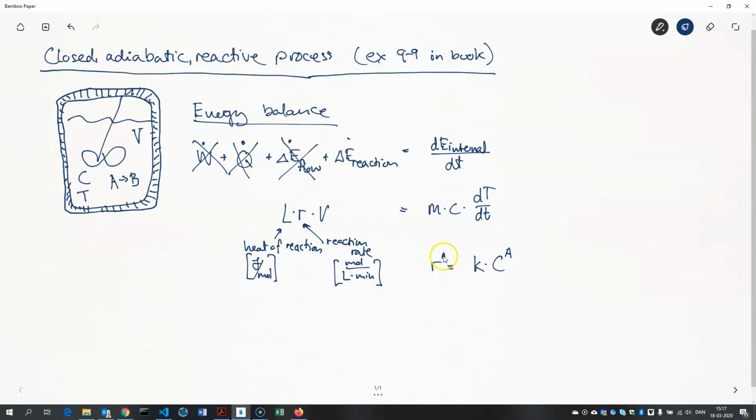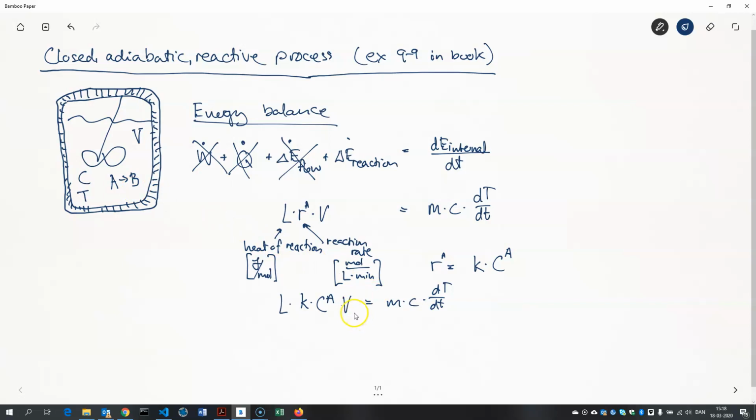And maybe we should put an A over here as well, like that. So that means our energy balance looks like this. And note that this A here is not an exponent. This is not a power of C. This is just an index, indicating that we're looking at the component A here.